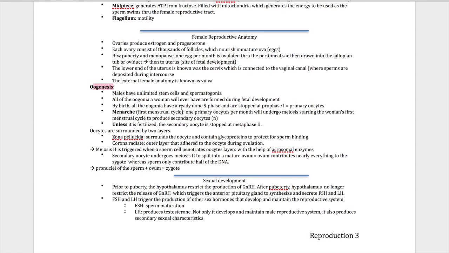By birth, the little baby girl will have all the oogonia that she will ever have in her lifetime, right? And by birth, all the oogonia have undergone S phase, right? And they are stopped at prophase 1, and that's called primary oocytes, right?